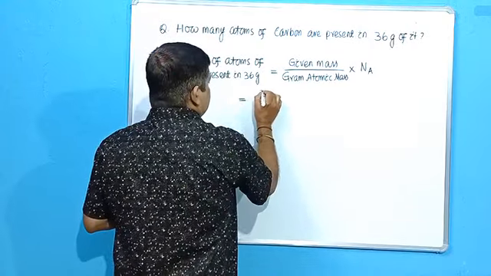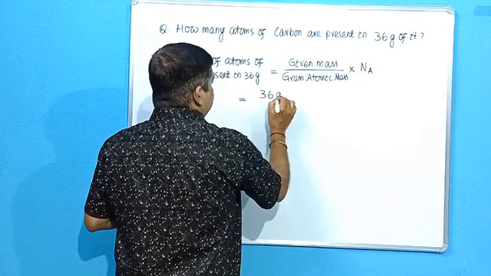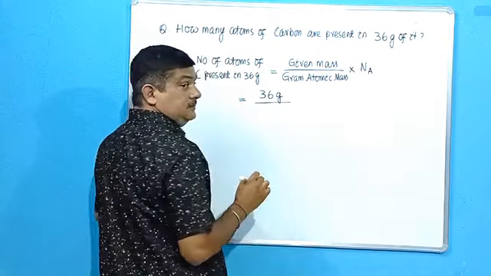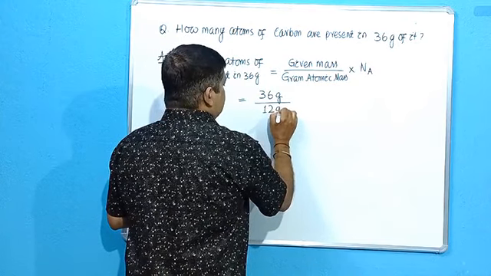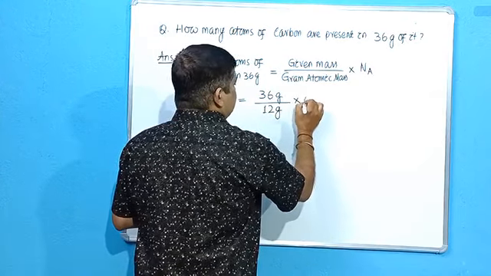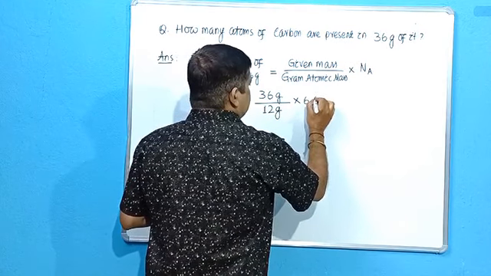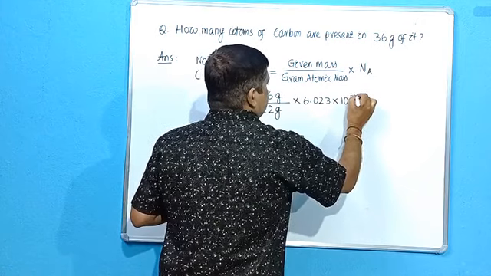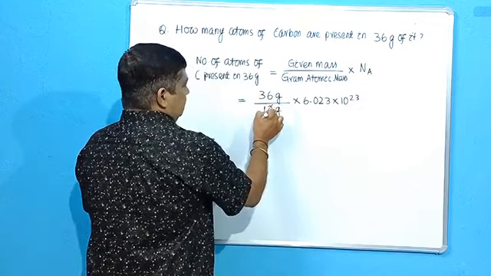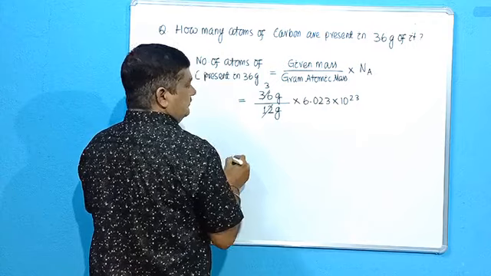Given mass is 36 gram. Atomic mass of carbon is 12, so the gram atomic mass is 12 gram, into Avogadro number, that is 6.023 into 10 to the power 23. So 36 and 12 cancel out, it will be 3.